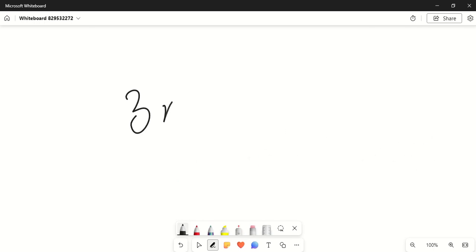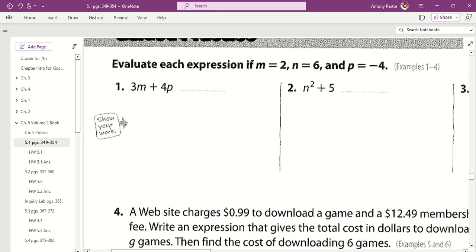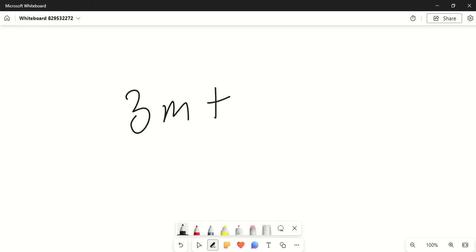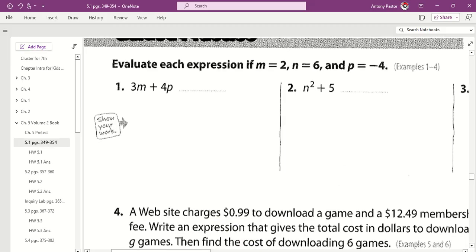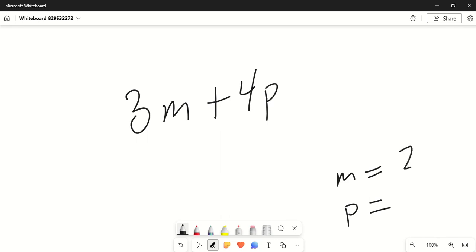3 times m plus 4 times p, and they're telling us that m and p will equal 2 and -4 respectively. M equals 2, p equals -4. And we would plug these in here.